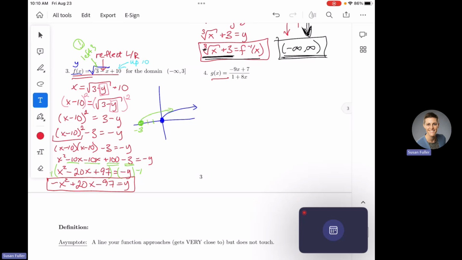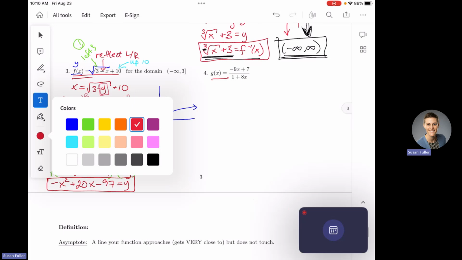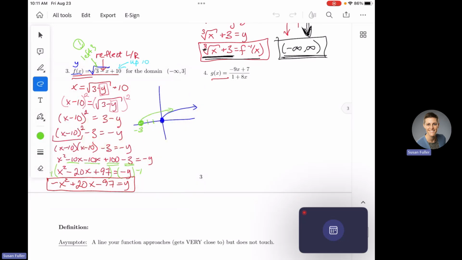And then after you move left and right, the second thing that you want to do is any reflections or any stretches or shrinking. We don't have any stretching or shrinking here, so we just want to reflect this thing left and right. So I'm going to take that green one and reflect it left and right over the y-axis.